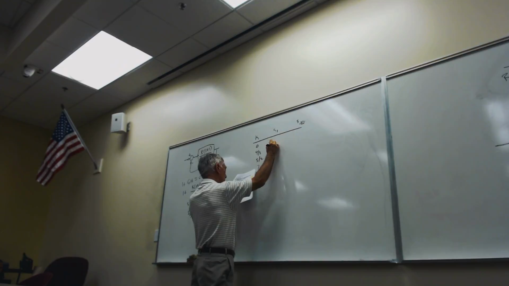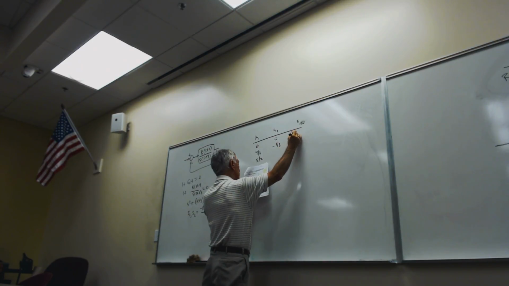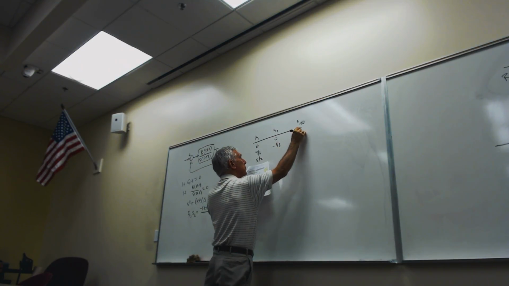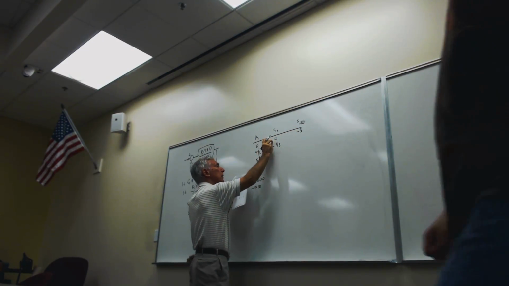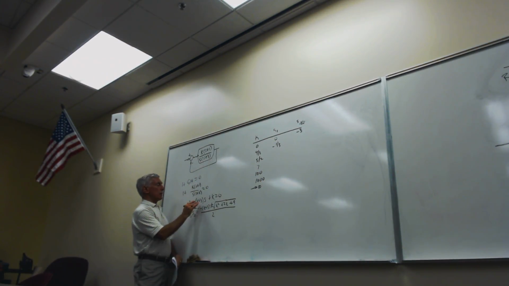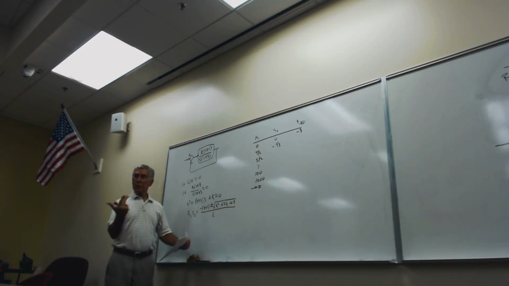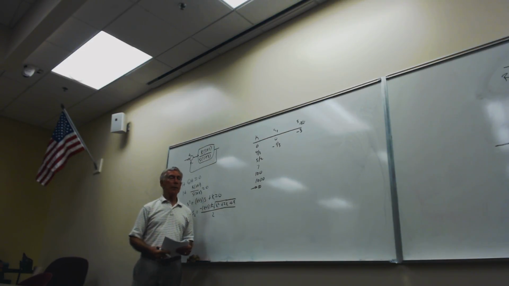For s1, you get 0, then you get minus 1/3. And s2 is minus 3. In other words, when k is equal to 0, you get 0 and minus 3. You can see that right from here: when k equals 0, you get s squared plus 3s plus 0, so 0 and minus 3.